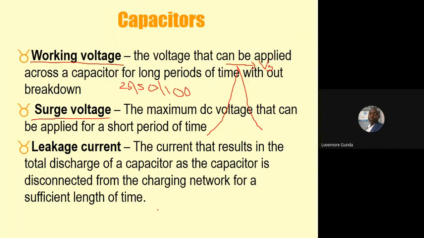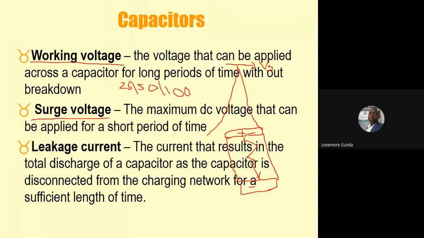Then leakage current, the current that results in the total discharge of a capacitor if the capacitor is disconnected from the charging network for a sufficient length of time. In other words, it's a dielectric material. So if we store our charge in the plates, positive and negative, some current will slowly flow from the positive to the negative within the capacitor, and that is the leakage current that we are talking about.